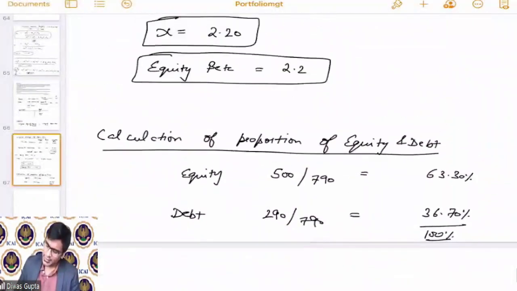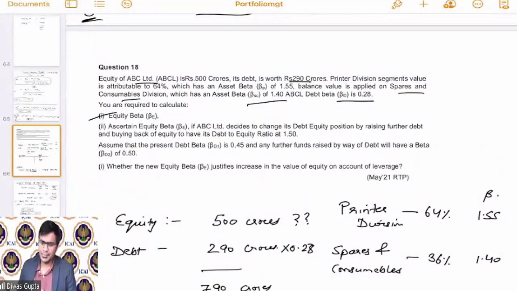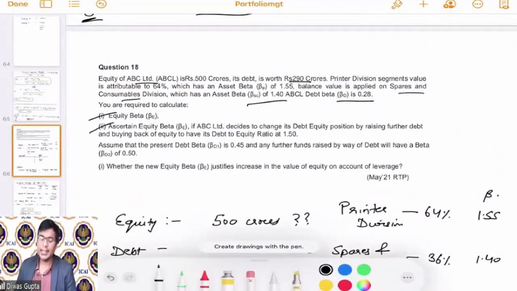Now let us go to the second part of the question. I hope this question is clear. The second part says to ascertain equity beta.